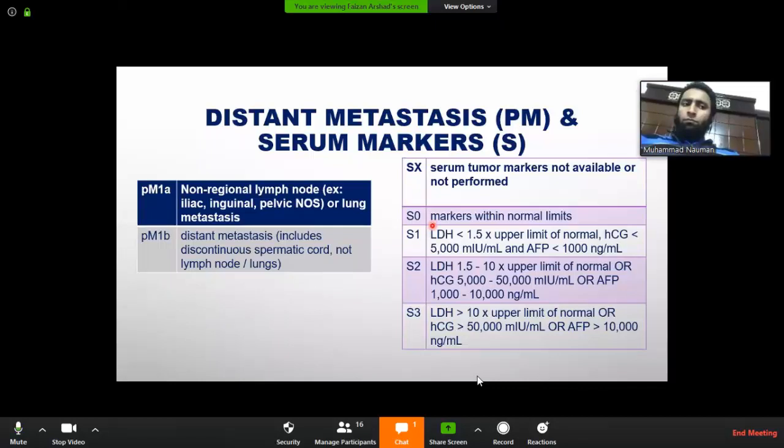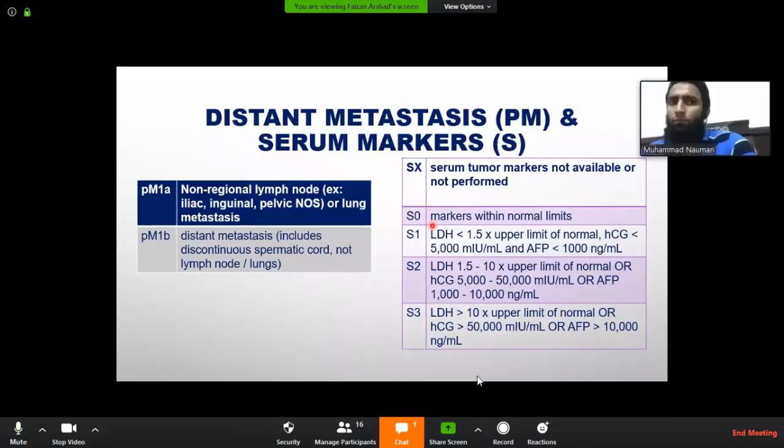Now, S is something which should be done before any treatment, and then it is done in the adjuvant setting after the treatment has been given. Any testicular tumor, whenever it is staged, should have TNM-S staging rather than only TNM. Yes. When you have done the orchiectomy, then it becomes pT.